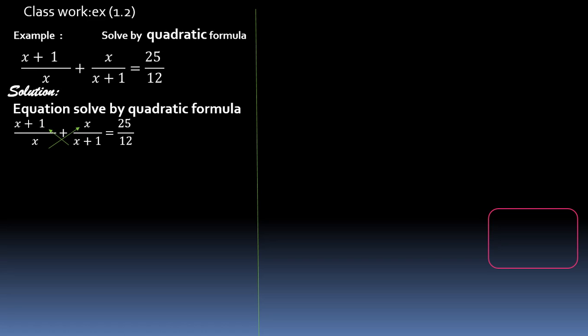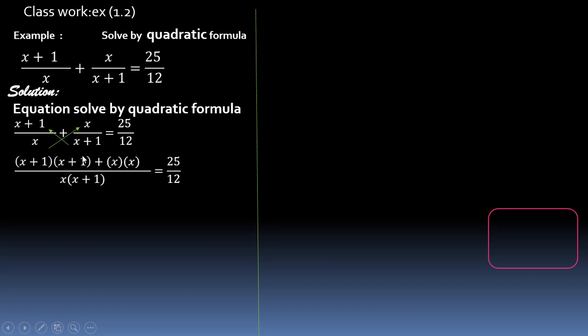The LCM of the equation is x times (x + 1). Multiplying x and x + 1 gives the denominator.